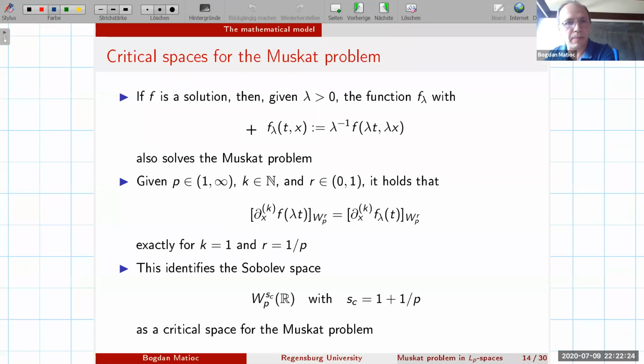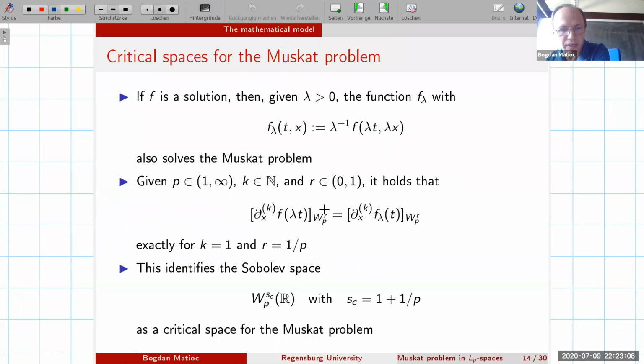So let me now talk about critical spaces for this problem, to motivate the choice of s on the previous slides. If f is a solution to the problem, then one might easily check that also the function f lambda, where lambda is a positive constant, defined by lambda to the power minus 1, f of lambda t, lambda x, is also a solution to the Muskat problem, of course with another initial data. And then one might ask which Sobolev seminorm is invariant with respect to this scaling.